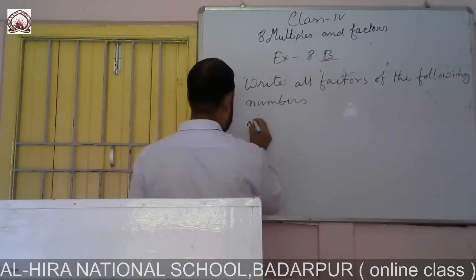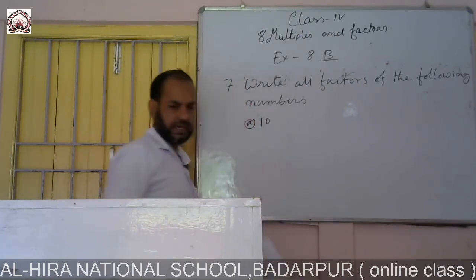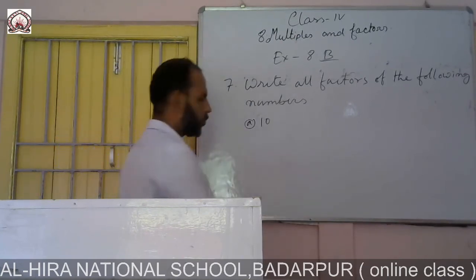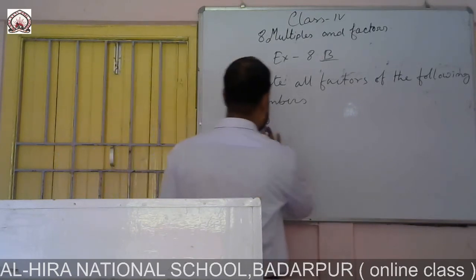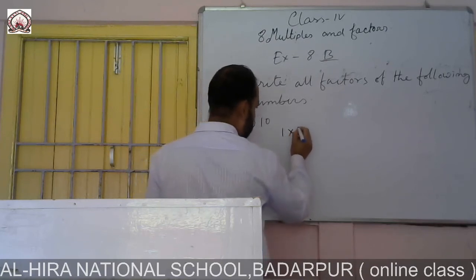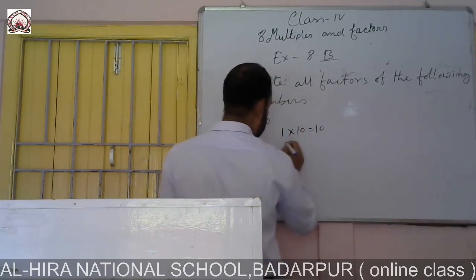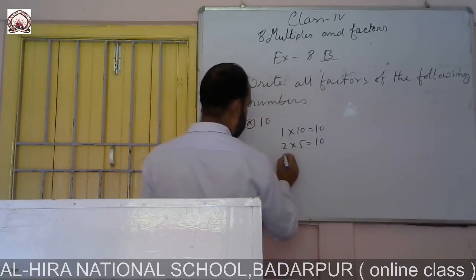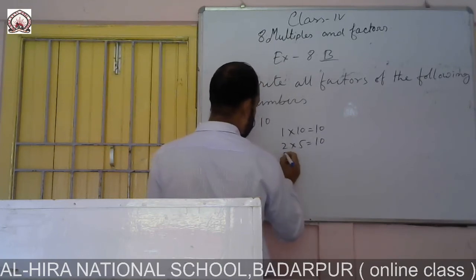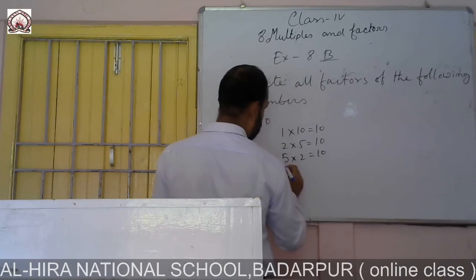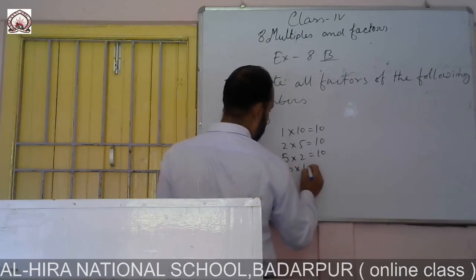Question number A, 10. We take out all factors of 10. So pairs of numbers which give the product of 10. 1 into 10 equal to 10. 2 into 5 equal to 10. 3 not, 4 not, 5 is there, we know. 5 into 2 equal to 10 and 10 into 1 equal to 10.